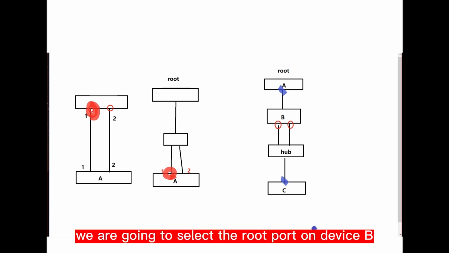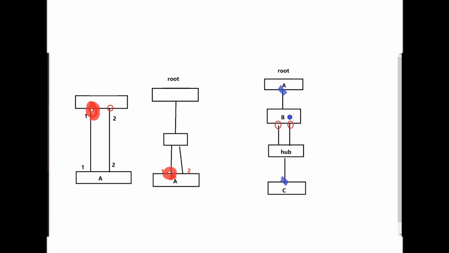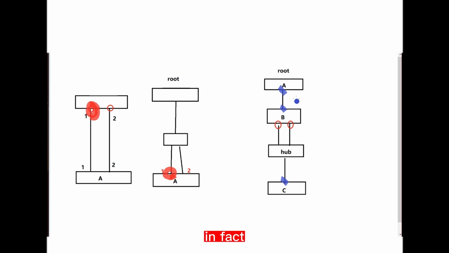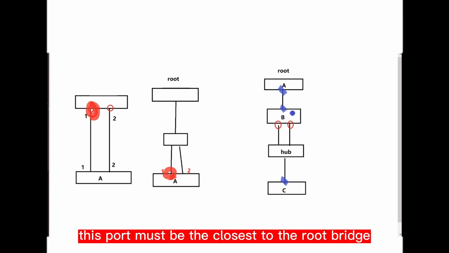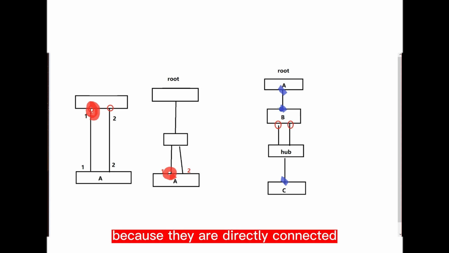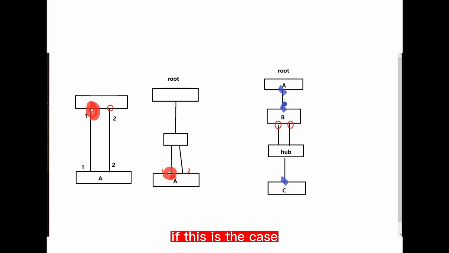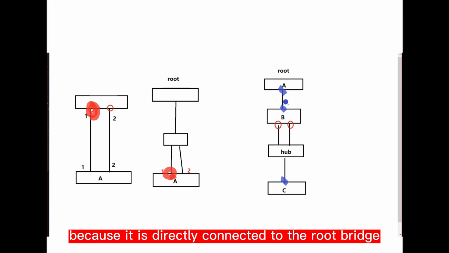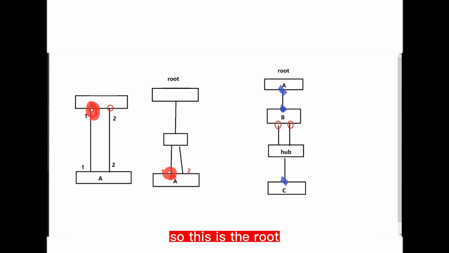We are going to select the root port on device B. For device B, this must be the root port, because each device has one and only one root port. In fact, this port must be the closest to the root bridge, because they are directly connected. If this is the case, we don't really need to compare, because it is directly connected to the root bridge. So this is the root port.